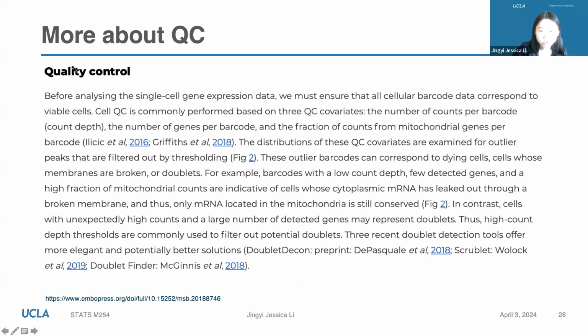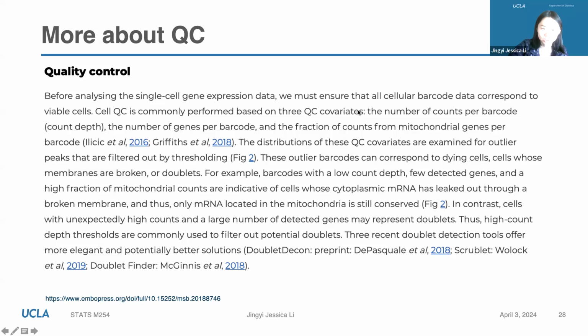So for quality control in this review paper, it has talked about similar points. The quality control is based on these so-called QC covariates. In Seurat they're called features, right?